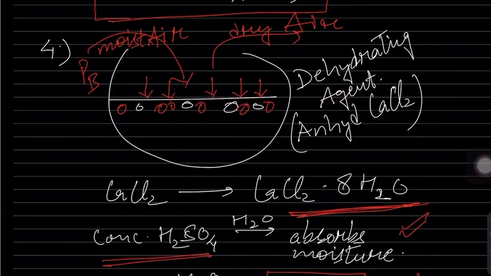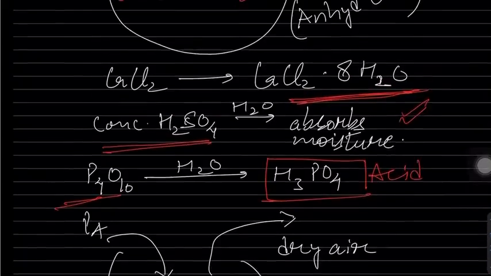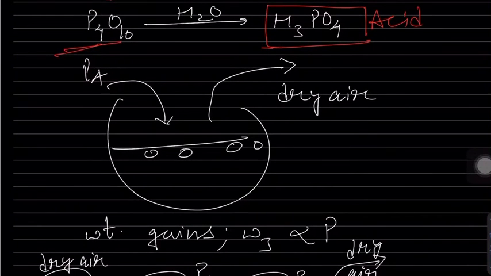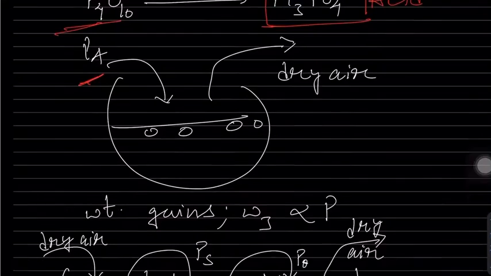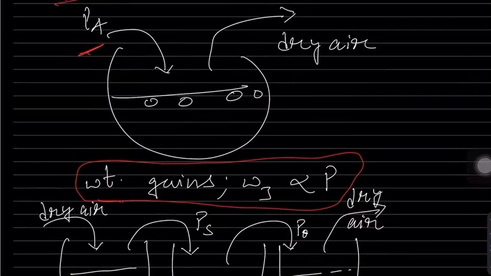And if it is coming at a pressure PA, then it will lose PA, or what we can say over here is that the weight gain W3 is directly proportional to P, a pressure which is initially coming.